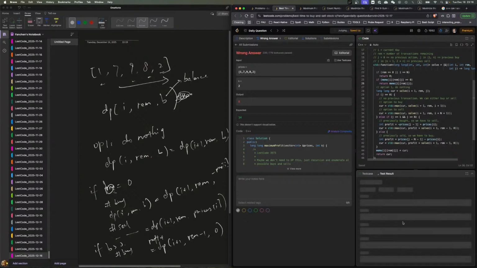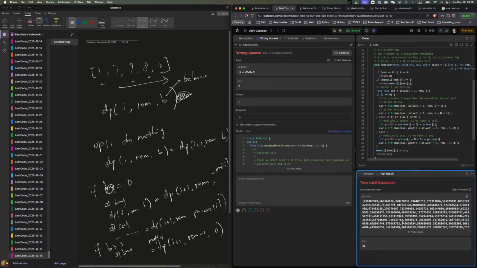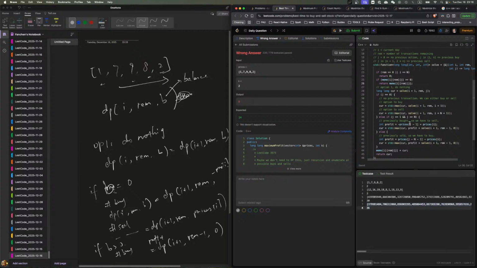Why is it still timeout? I don't understand. Like the other one doesn't time out. It's essentially the same thing. It's the same.